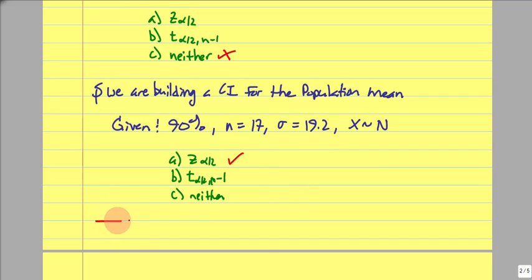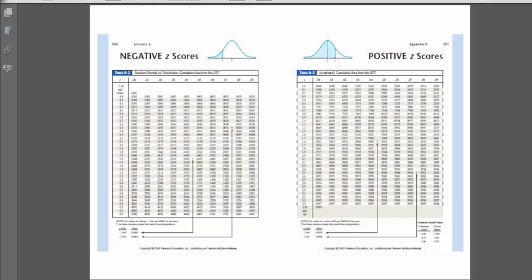Okay, so let's go ahead and draw our quick picture here. Our standard normal distribution. This is the z distribution. I'm looking at a 90% confidence interval, so that means I have 0.05 in either tail. And so my z-score I can find from my normal tables.